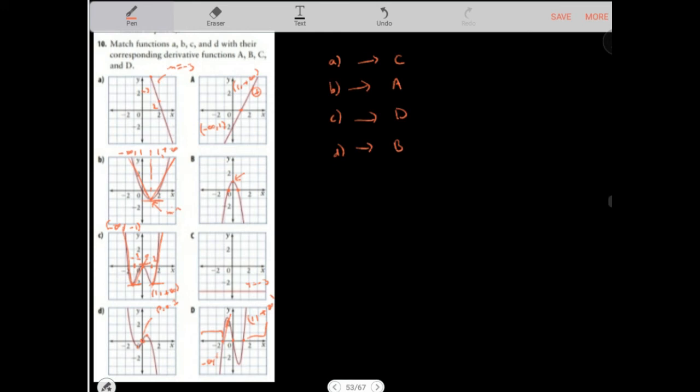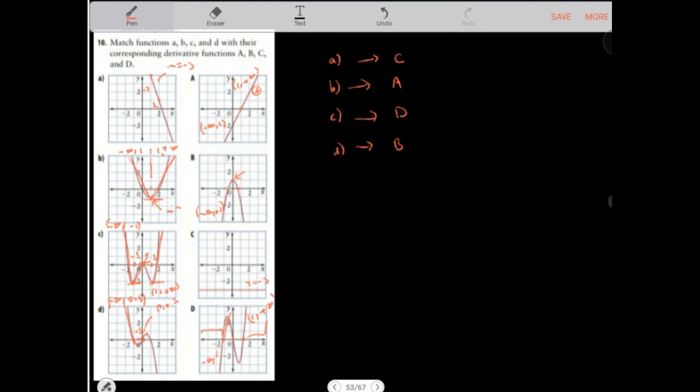You can also notice that if this is 0.5, then between negative infinity and 0.5 we have a negative slope, and the graph is below the x-axis. So all of those pieces point in that direction, and you can see how this gets put together. We're going to be looking at more of these questions when we look at the curve sketching unit in future chapters.